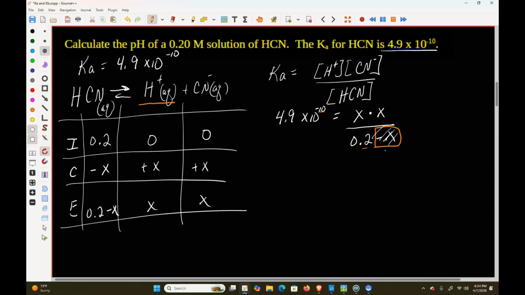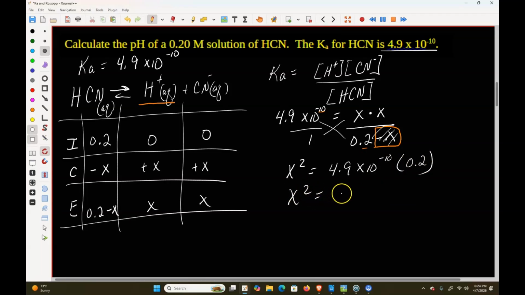So let's go ahead and solve. I'm going to cross multiply. So I have x squared equal to 4.9 times 10 to the negative 10 times 0.2. That will give me 9.8 times 10 to the negative 11.